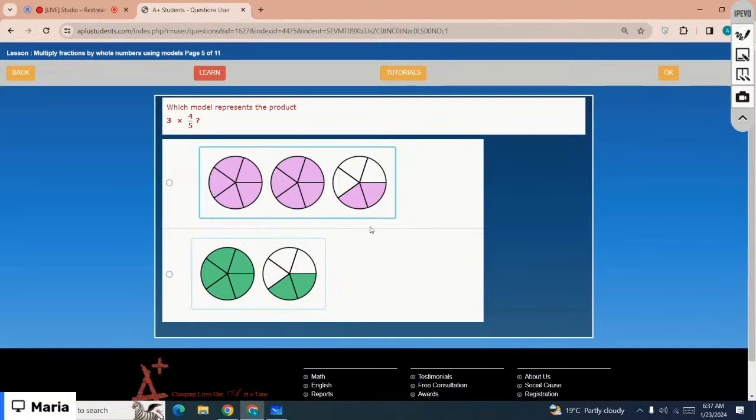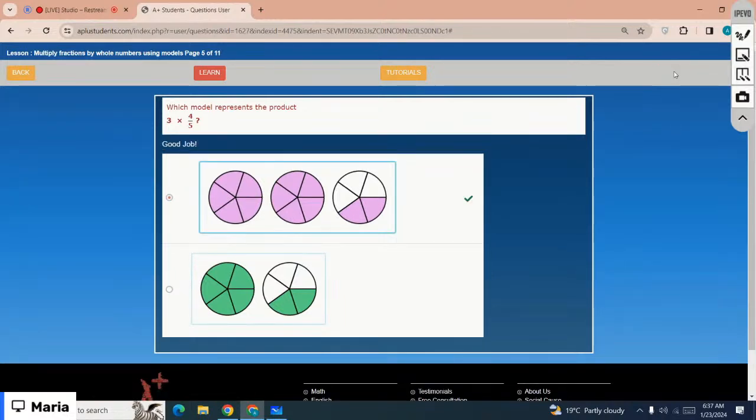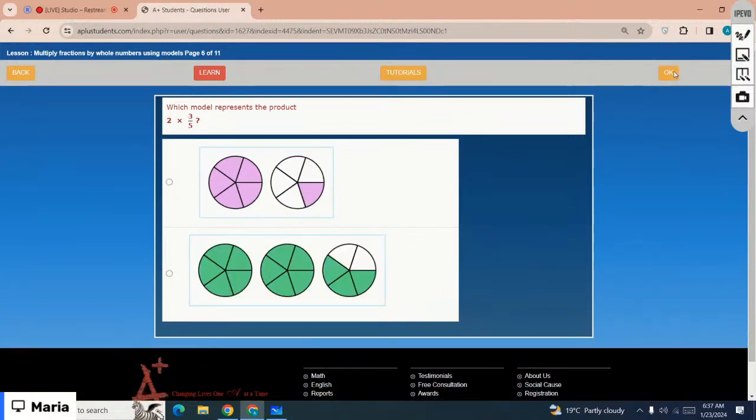Yes, that is option number 1. Very good. Option number 1 is the correct option. Which model represents the product?